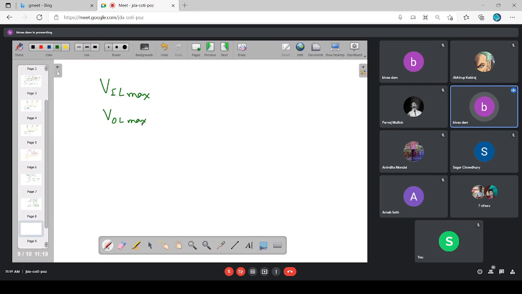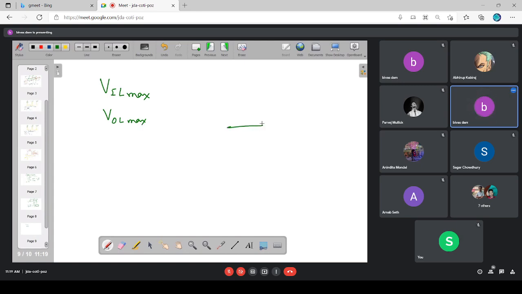Is it clear, or I'll repeat? It's clear, sir. When I am inputting one signal, if the signal is less, then there is no problem. But if the signal is very large, wide apart from the logic 0 voltage, that may create a problem.